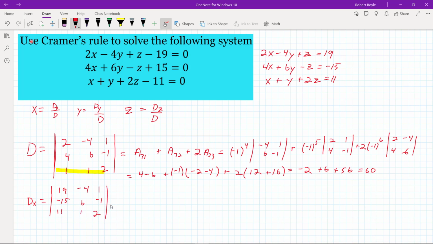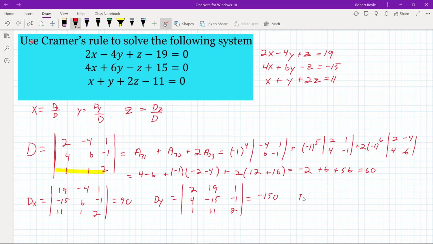And that will be equal to 90. dy is going to be equal to the determinant 2, 4, 1, 19, -15, 11, 1, -1, 2, and that will be equal to -150.